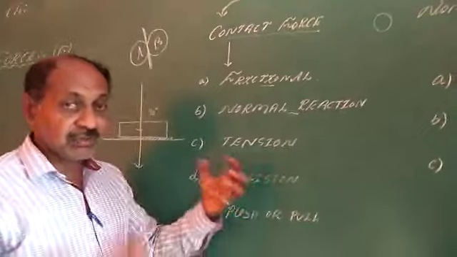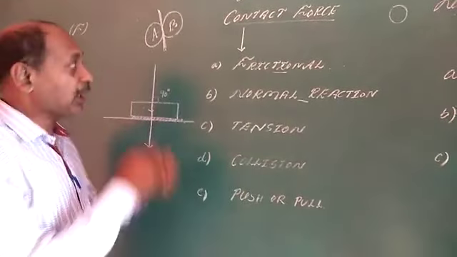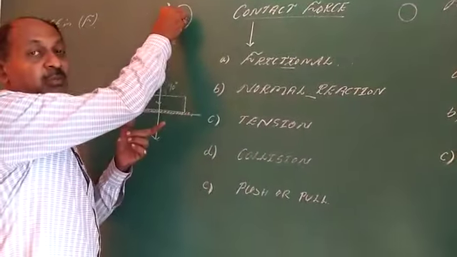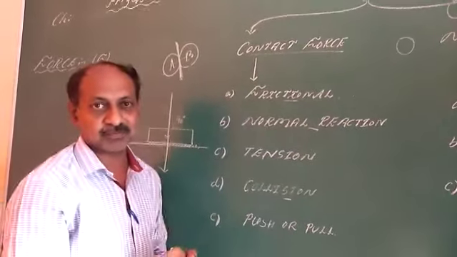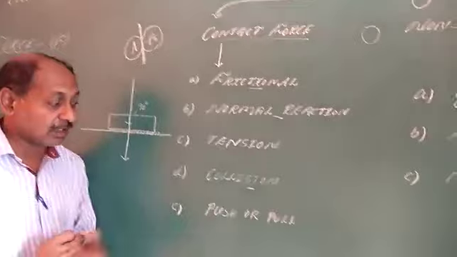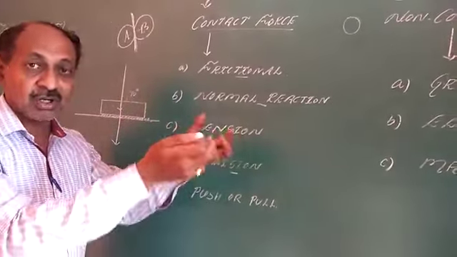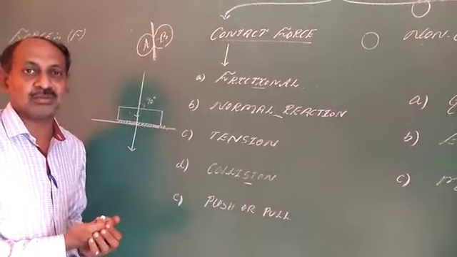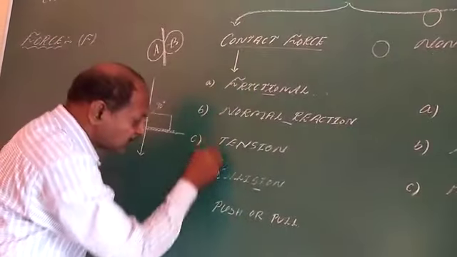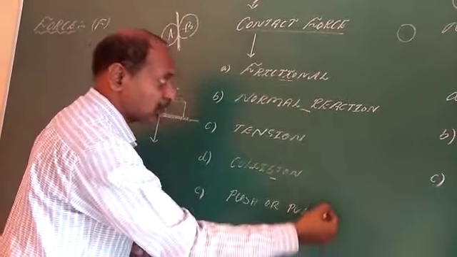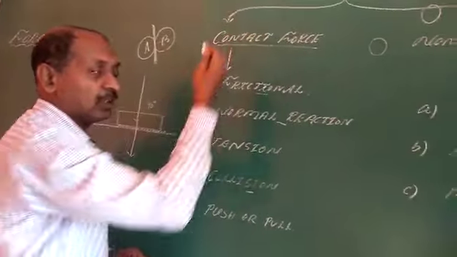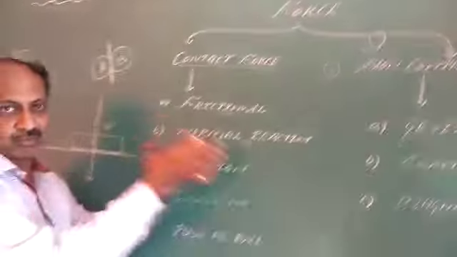Then the collision between two bodies, where one body hits another body: that is the collision force. Another one is called a push or a pull. All of these, friction, normal reaction, tension, collision, push or pull, we call contact forces.